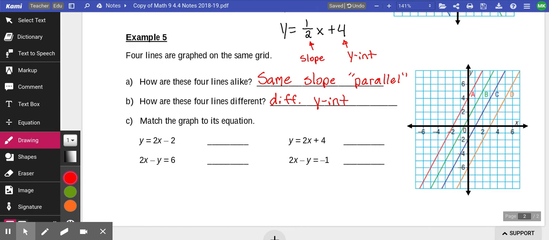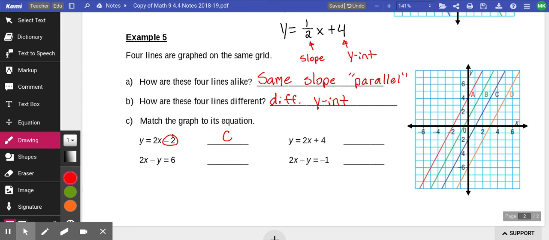Cool. Our job: we're going to try to match these graphs to these 4 equations. The way I'm going to do that is by finding all their y-intercepts. So if I look at the first one, it says y equals 2x minus 2. That means I'm looking for a y-intercept of -2. Graph C has a y-intercept of -2. Y-intercept's right here.